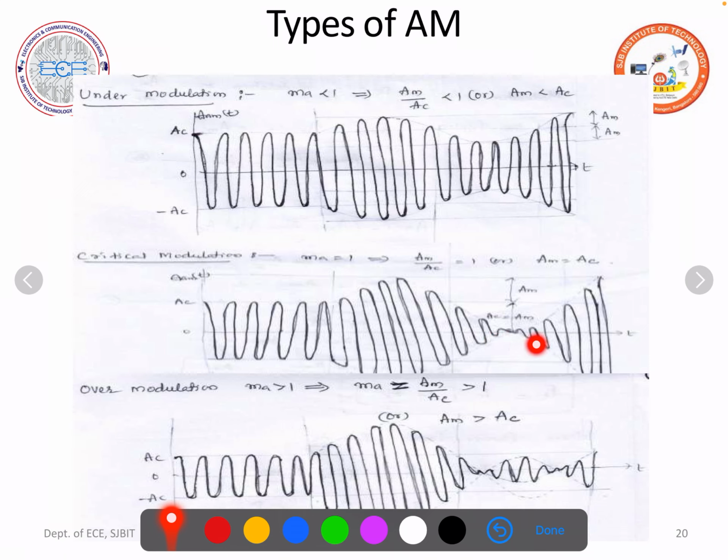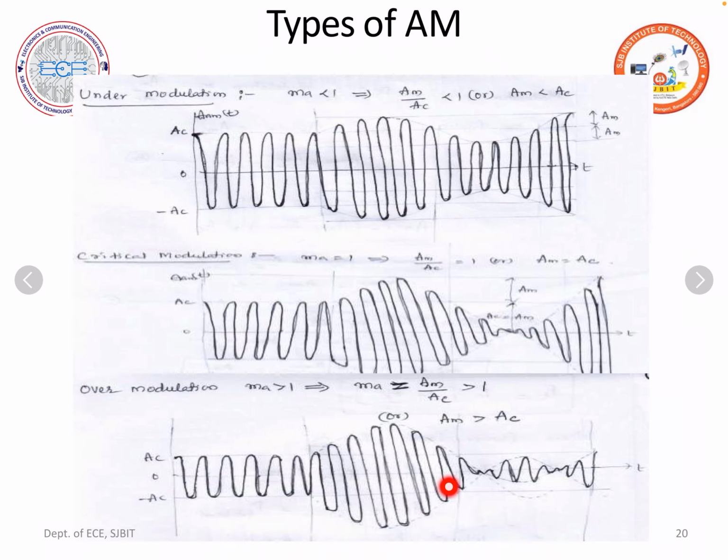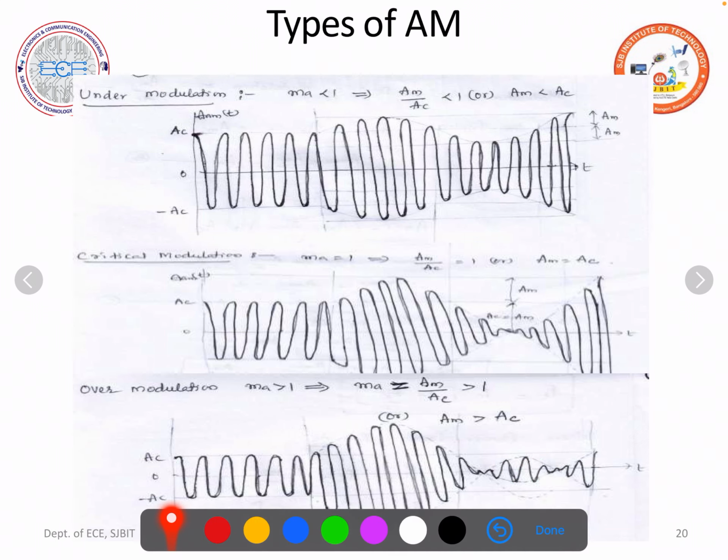That is the critical modulation. When you have the over modulation, there will be a phase reversal at the minimum side, and there will be side lobes like this, a major envelope and a minor envelope like this. So this is the condition with respect to the over modulation.